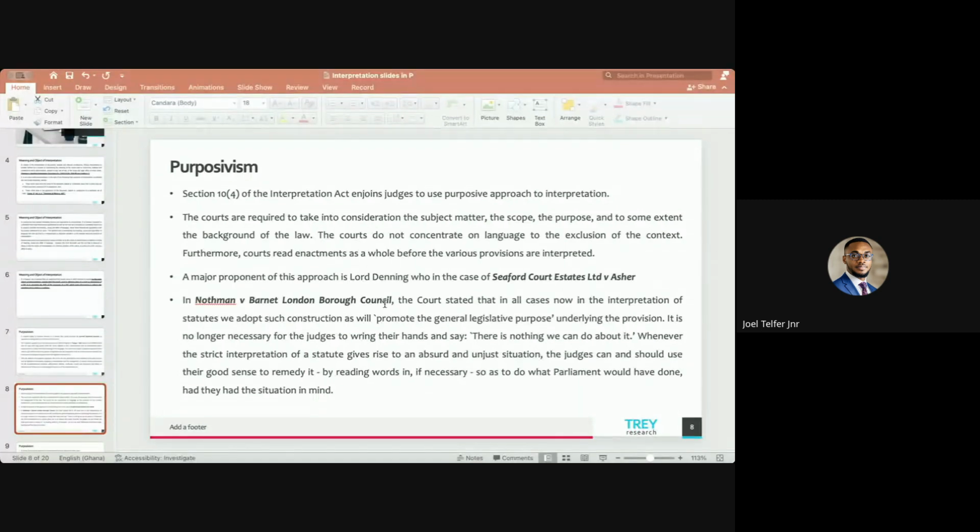So the Interpretation Act, if you like, is our guide in understanding the means to go through the interpretative process. It outlines that once a court is concerned with ascertaining the true meaning of an enactment, the court may consider indications provided by the enactment as printed, published, and distributed by the government printer.